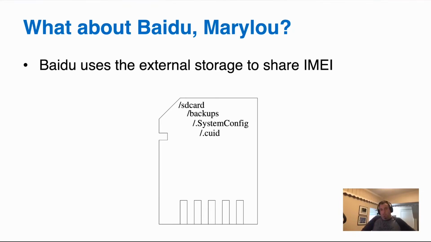So if an app has Baidu and has been granted the phone state and identity permission, which governs the IMEI, it then saves that data to the file system. We found that the Baidu apps with this permission were writing this file, and it looks like base 64.